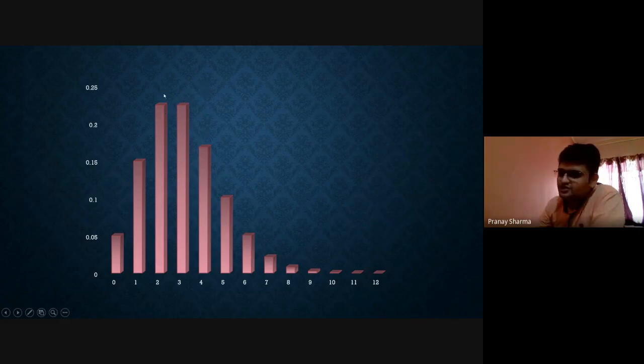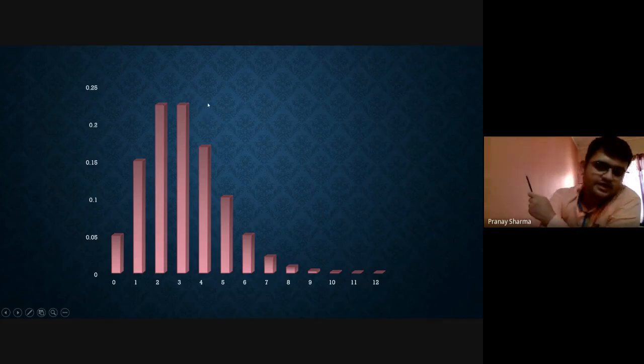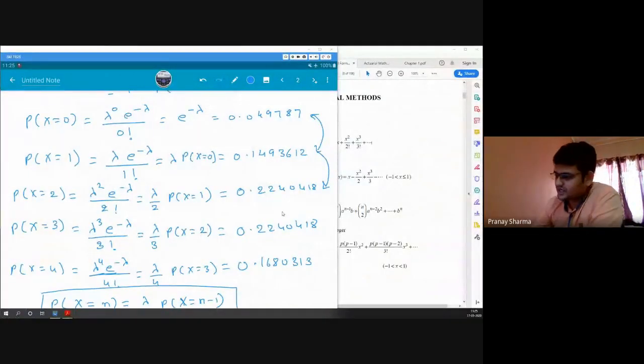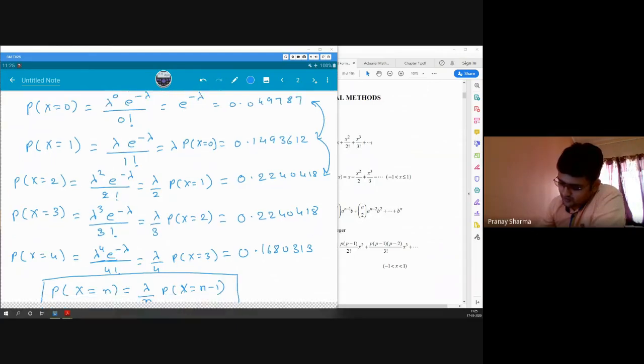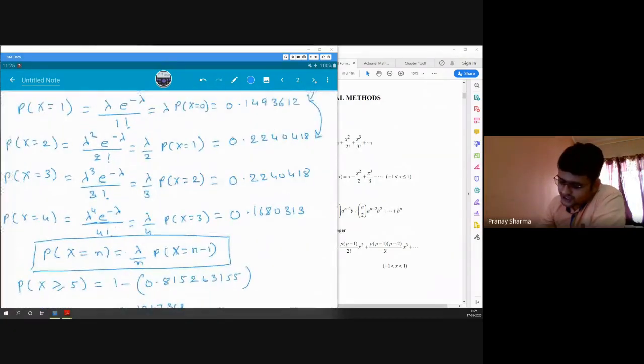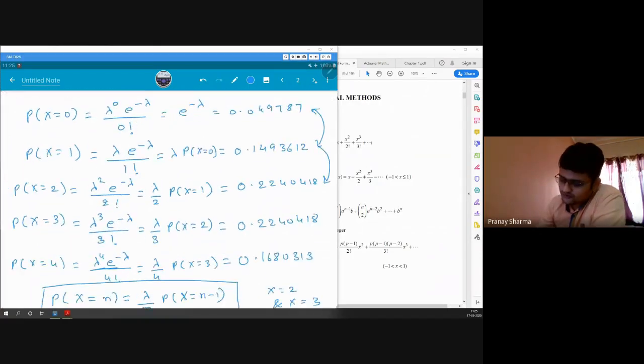But in discrete distribution, we might have two values that are exactly the same. Like in this particular case, we have two values that are exactly the same on the top. So this is sort of bimodal, but not exactly, because they are sharing a single mode. So here, if I want to write the mode, I will have a shared mode, that is x is equals to 2 and x is equals to 3. This is how we can find mode as well.